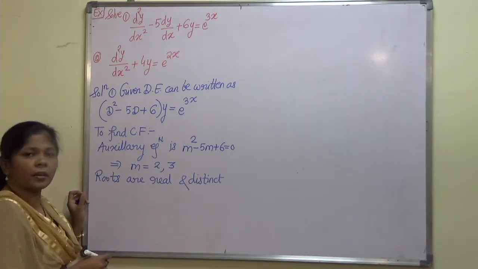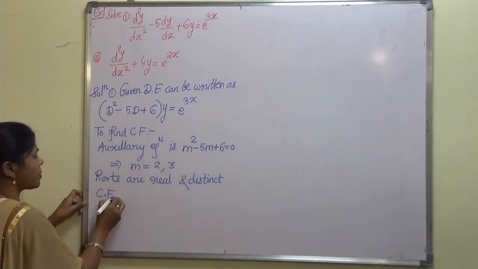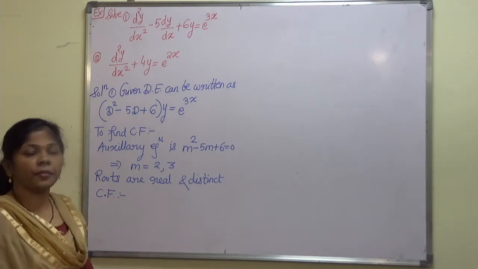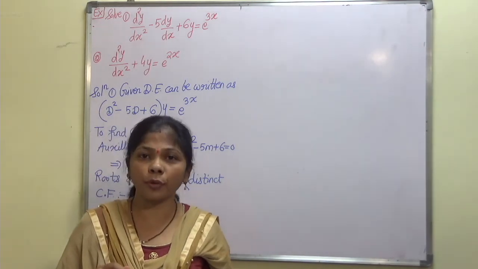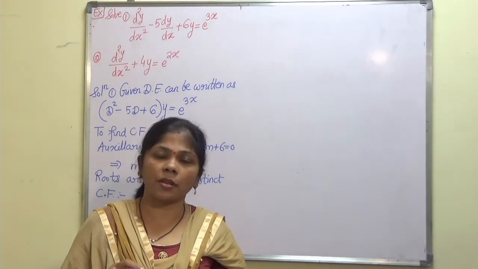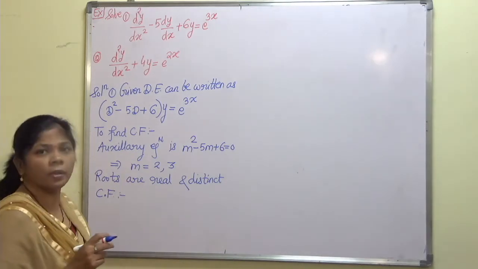After getting the nature of the roots, we will write the complementary function accordingly, as per the table which I have mentioned earlier in the video lecture, on how to write the complementary function according to the nature of the roots. This we have already discussed in the previous video lecture. You can refer to that for more information.